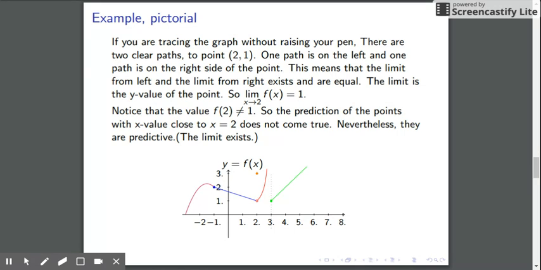That gives us continuity. So this road, the purple road, is predicting that y values are going to approach 2 as x approaches -1.